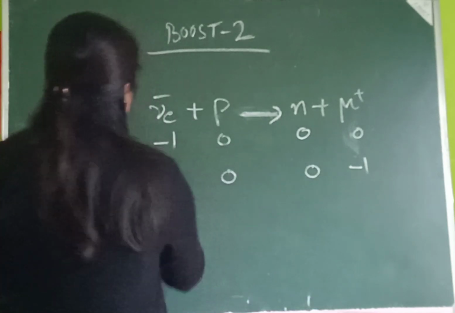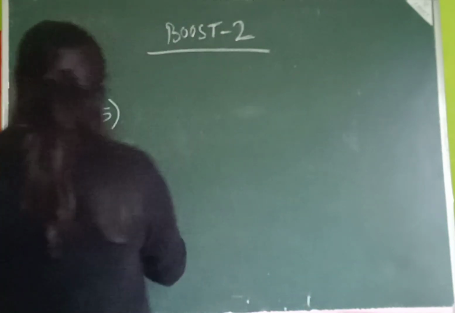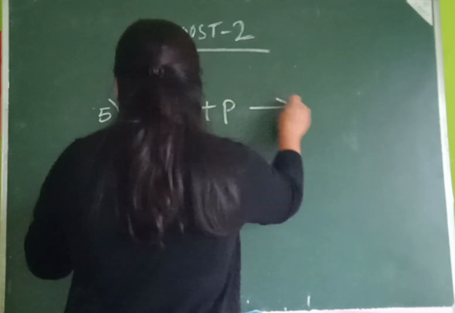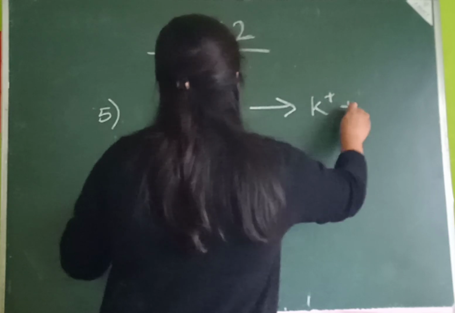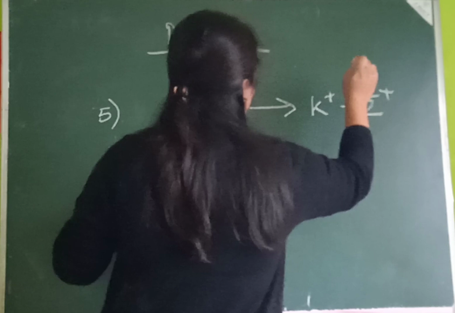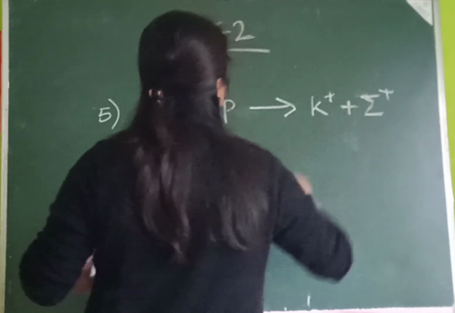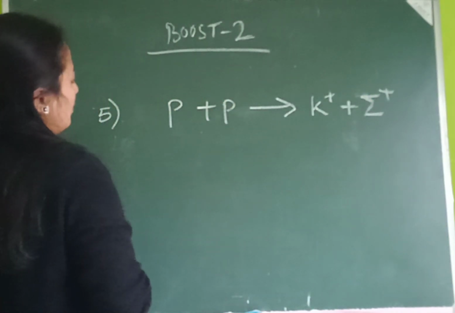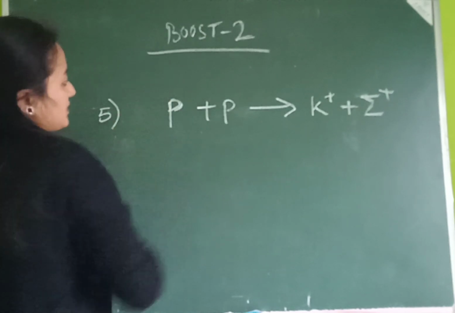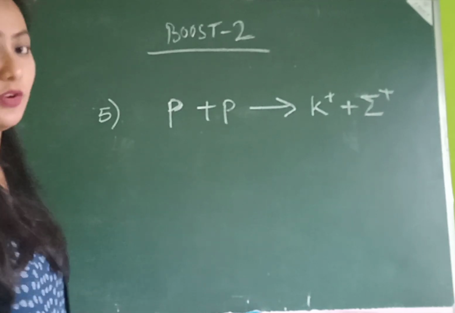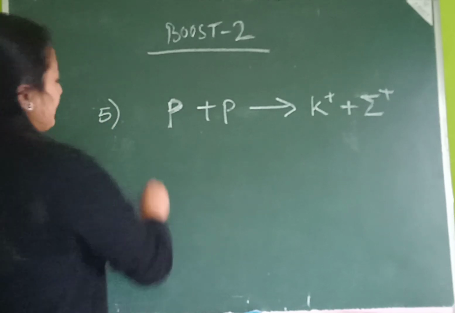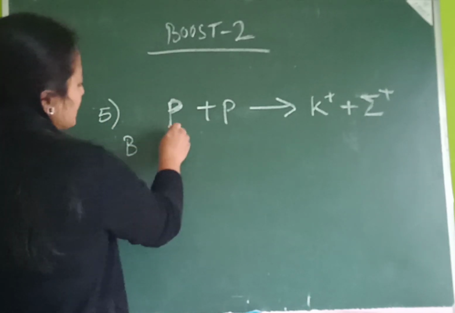Okay. Now the last question here is proton and proton going to your K plus and your sigma plus, right? What we can check here is, because these are baryons, just go ahead and check your baryon number. B here is 1, right?